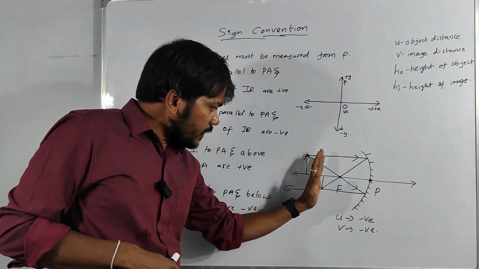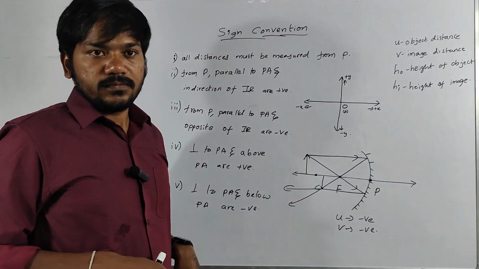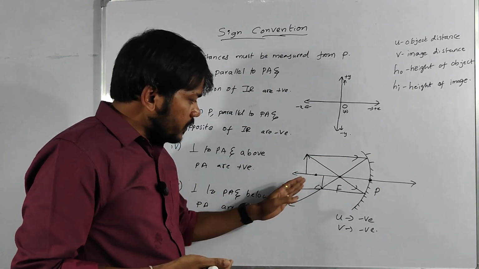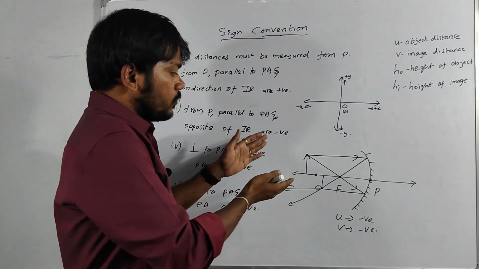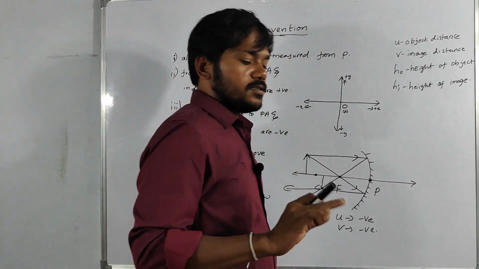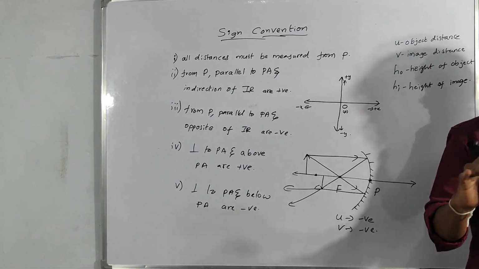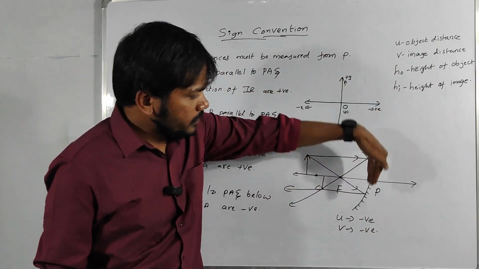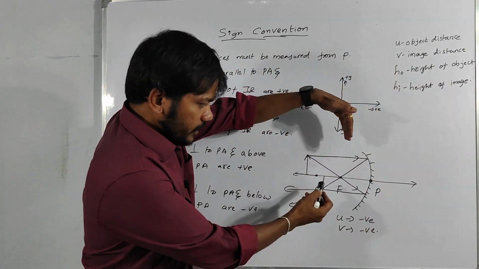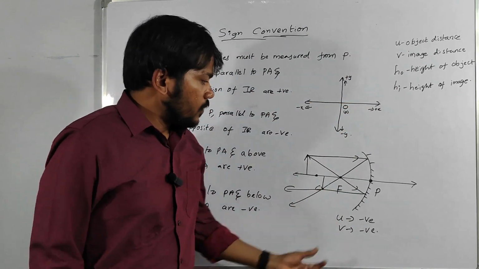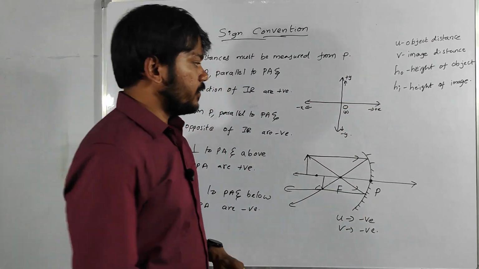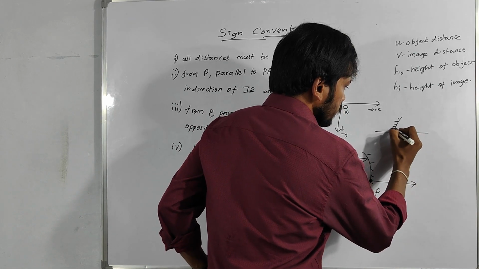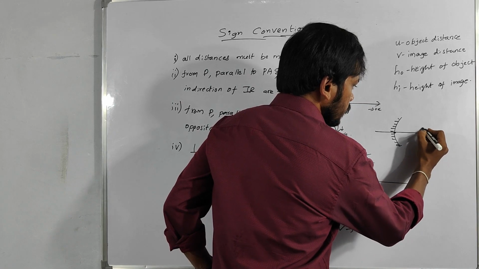And when the object is on the left side of the pole, and the image is also formed on the left side of the pole, then both the object distance and the image distance will be negative. It is not that we always have to take erect images, or always keep the object on the left side of the pole. It is not mandatory. You can take it in this way also, and there's nothing wrong.